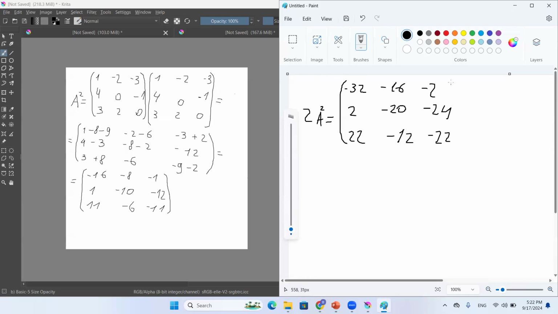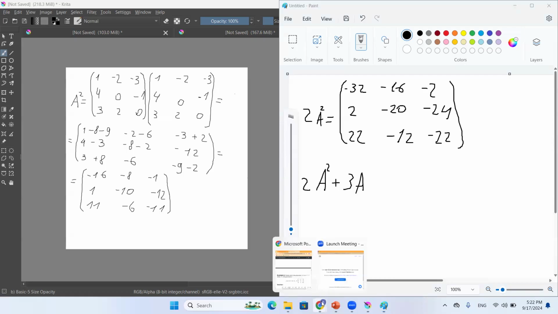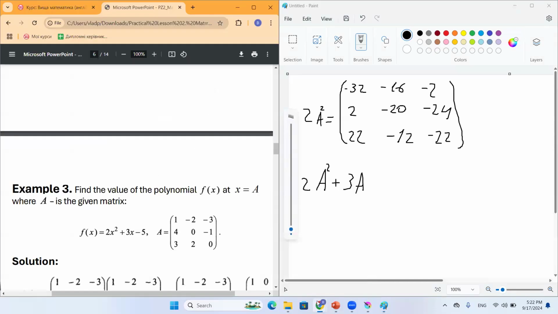Okay, and let's add 2A squared plus 3A. Let me check if we need to add 3. Yeah, so 3A.